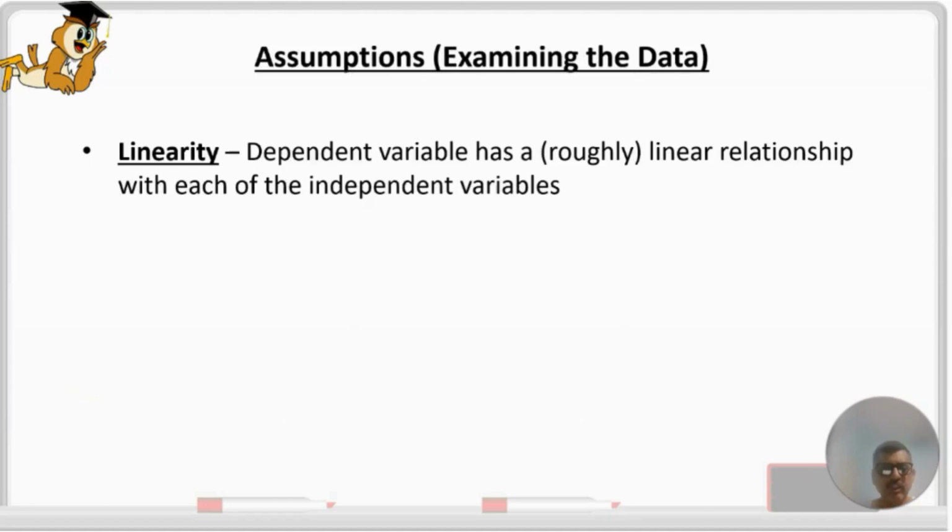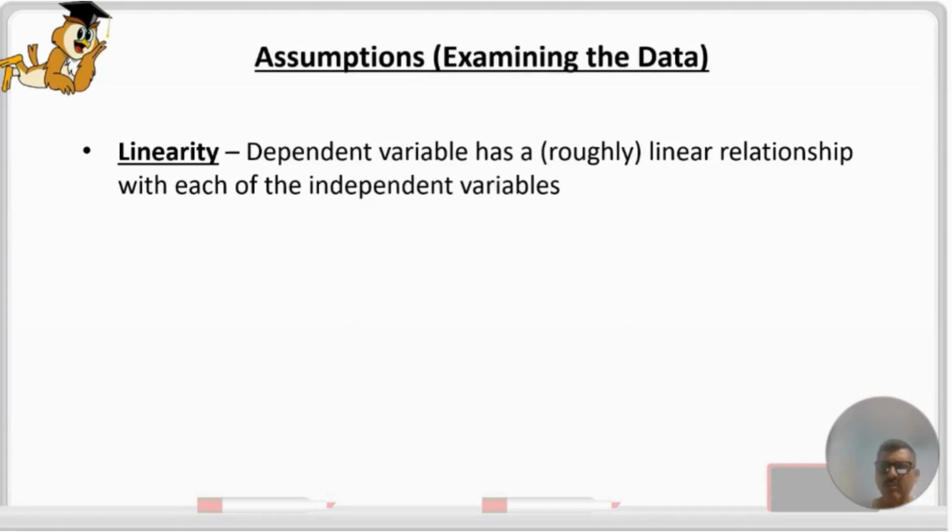And the assumption of linearity is basically, it says that the dependent variable has a roughly linear relationship with each of the independent variables, right? So you have a bunch of independent variables and you have a dependent variable in your training data. And you assume essentially that the dependent variable has a linear relationship roughly with each of the independent variables.